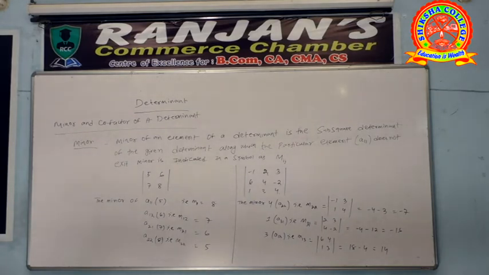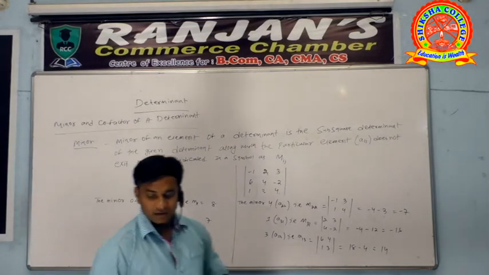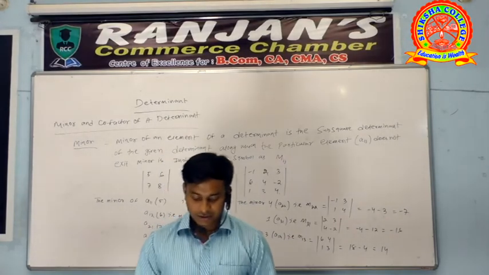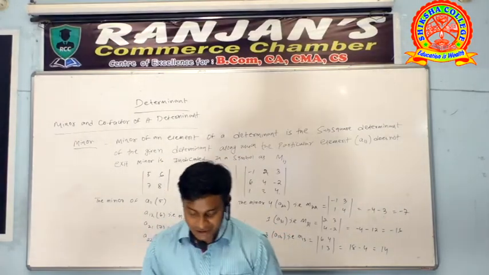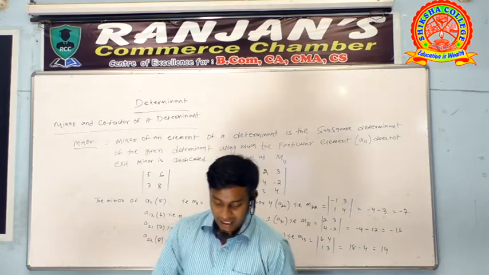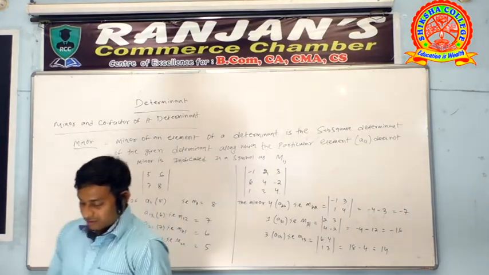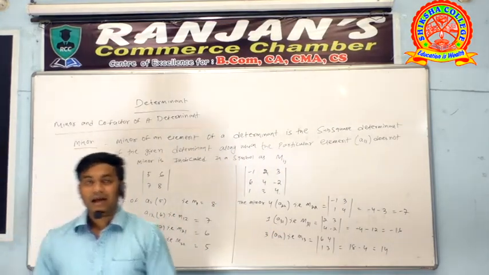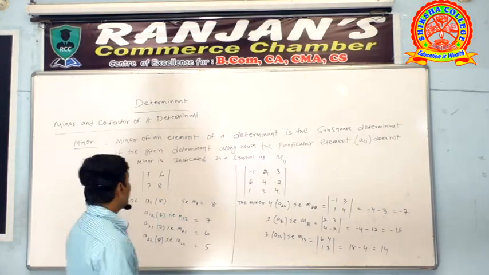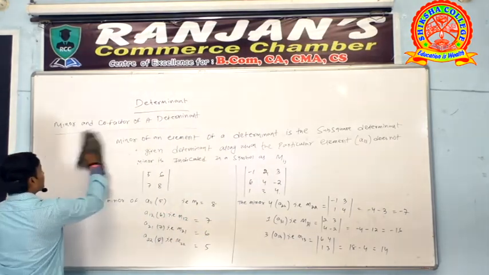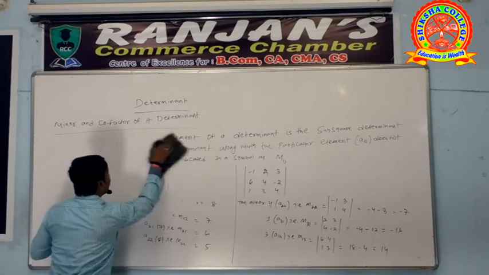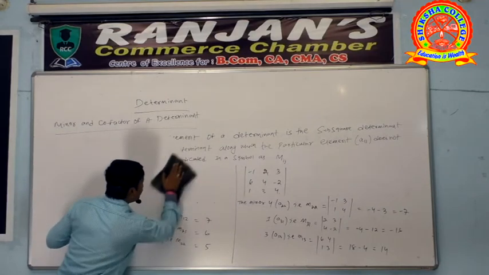Okay, students. Now see, the last thing that we go for today is the cofactor. After completing the cofactor, we end the class here, and then next we go to the other sections. So now we are going for calculating the cofactor.